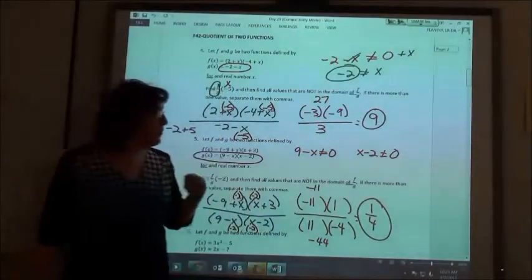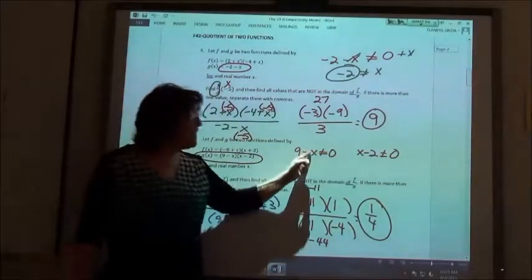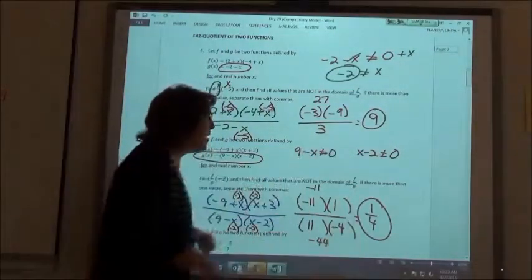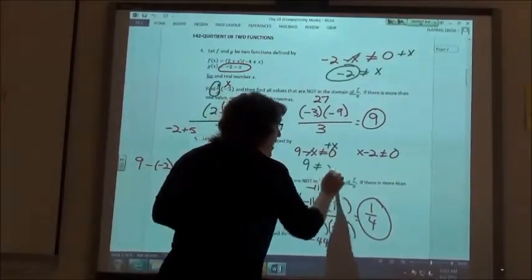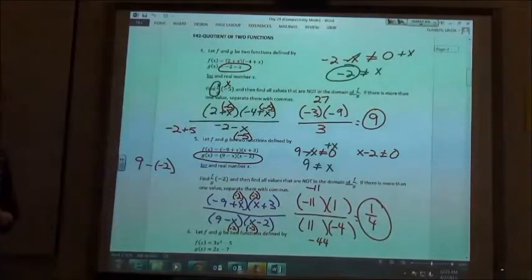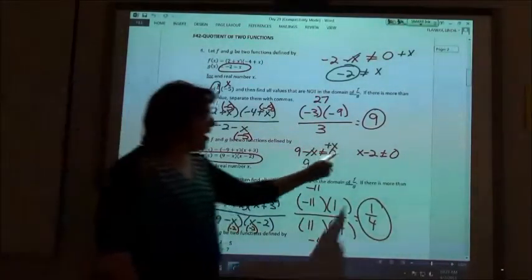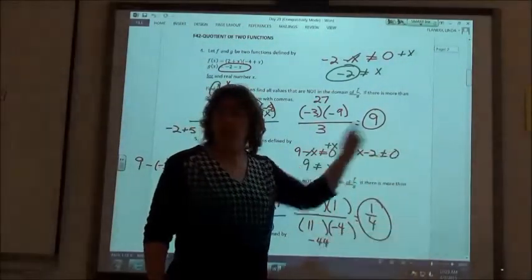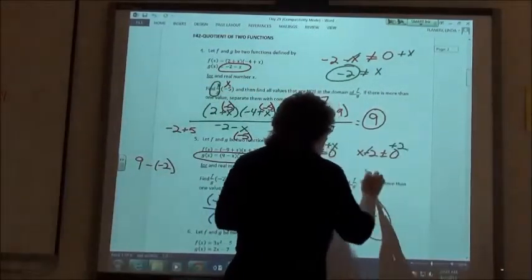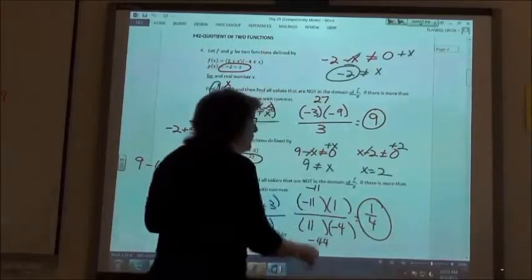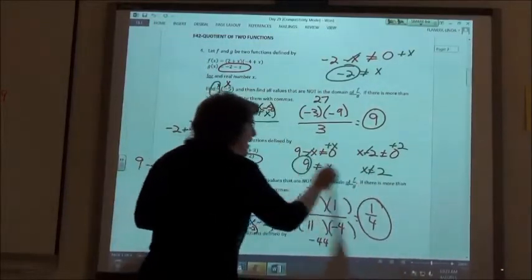The x, because the x is negative. We want the x to be positive, so it's better to move the x. 9 can't equal x then, right? But on the second one, where the x is positive, it's better to move the number. So if I move the number, I get 2. So I'm going to have 2 answers, 9 and 2.